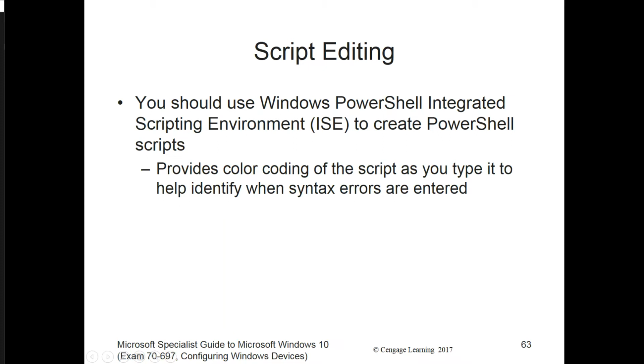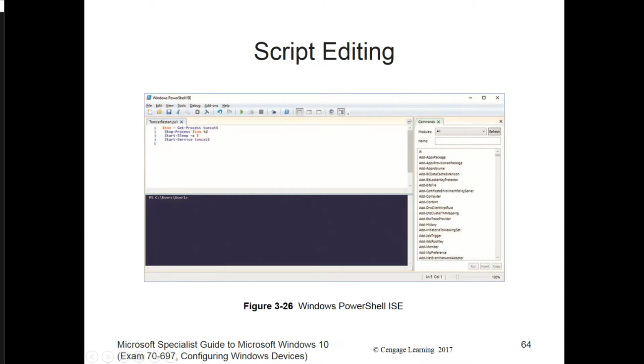So essentially what this means in this ISE, as I'm typing a commandlet, if my commandlet or my script is not correct when it comes to the syntax of it, it will let me know that a syntax error exists and I can take corrective steps. Okay, so we'll see here how it's laid out. This is the PowerShell. We see the script, and here is the code for it.